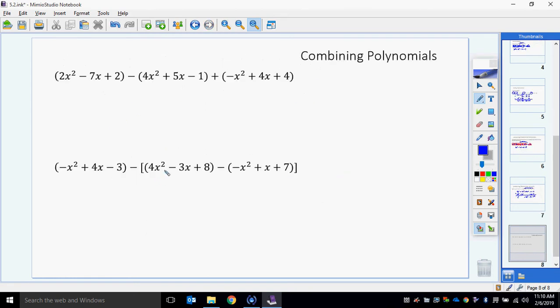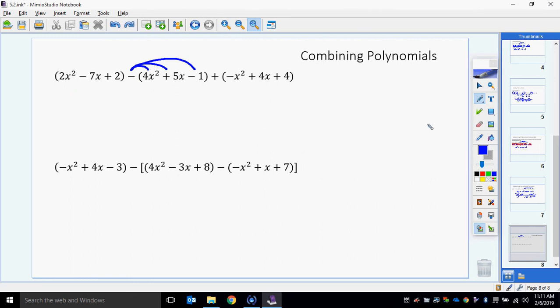All right, combining polynomials. What we really need to work or be careful of here is our grouping symbols and our addition and subtraction signs. So I want to make sure, I'm going to do this a horizontal method. I want to make sure that I'm careful on subtraction, so I'm going to go ahead and distribute that right away.